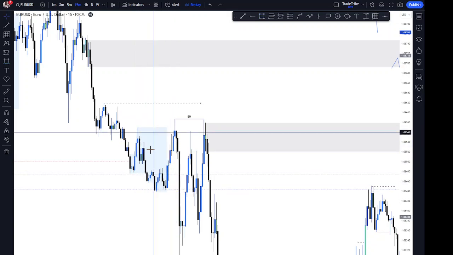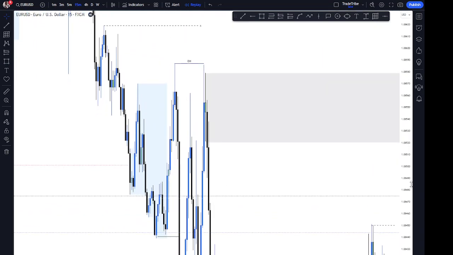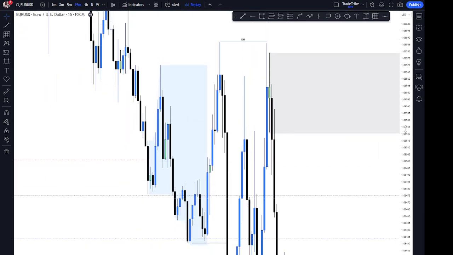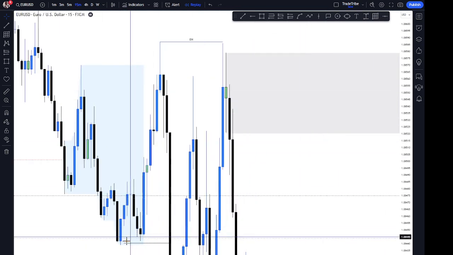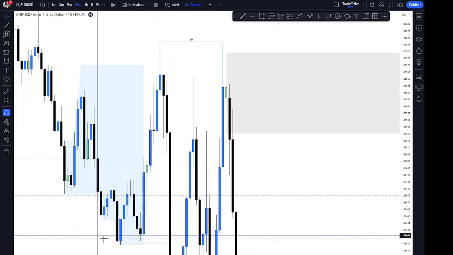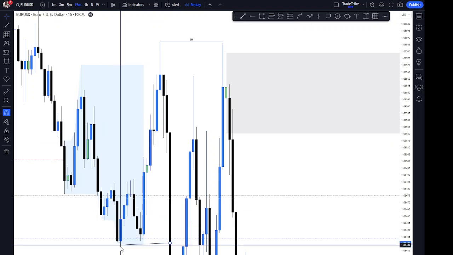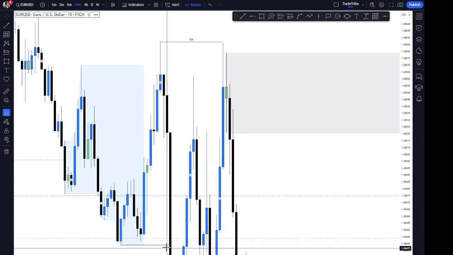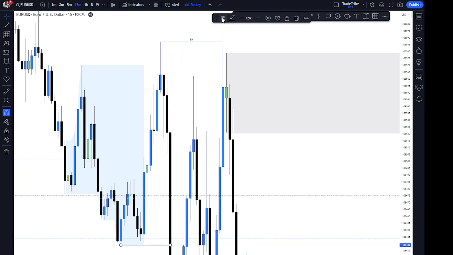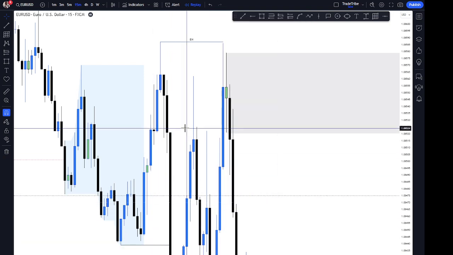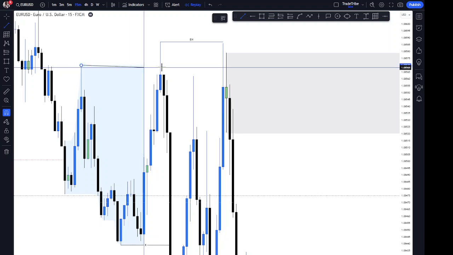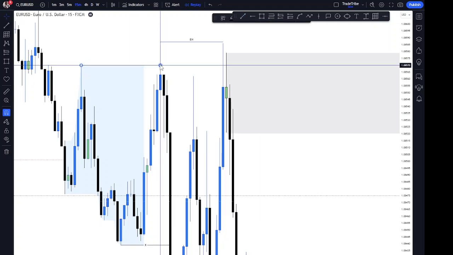We had this as our Asian high and this as our Asian low. All Asian highs and lows hold liquidity which must be cleared out so that we can continue the general trend, and this happens every market open. This was liquidity here, Asian liquidity, cleared.